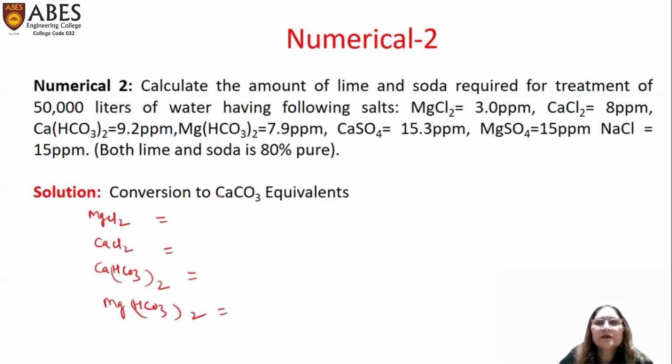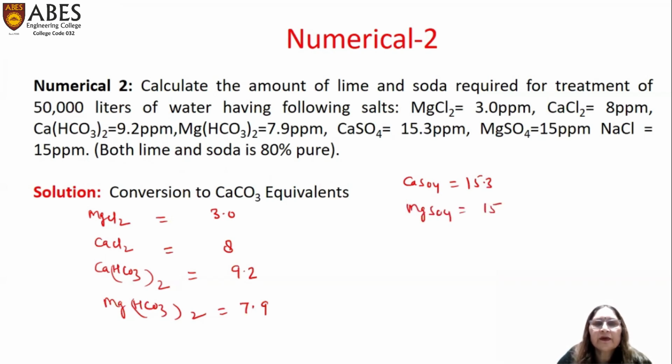How much amount? Magnesium chloride is 3.0 ppm, calcium chloride is 8 ppm, calcium bicarbonate is 9.2 ppm, magnesium bicarbonate is 7.9 ppm, calcium sulfate is 15.3 ppm, and magnesium sulfate is 15 ppm.